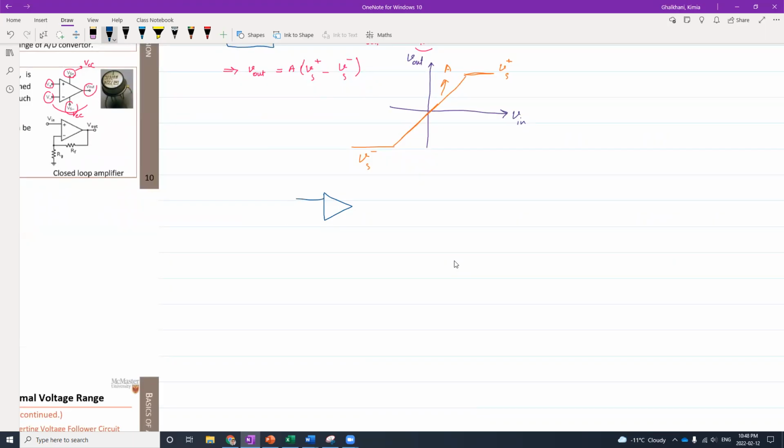I have the positive and negative inputs in here. This is going to be V positive. This is going to be V negative, right? And whatever I have in here is going to be the non-inverting, right?